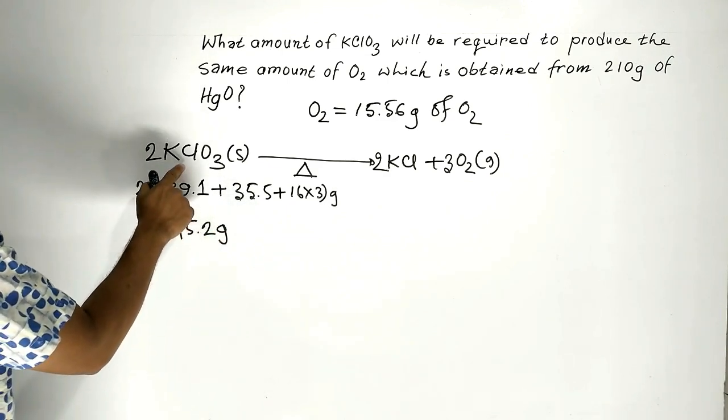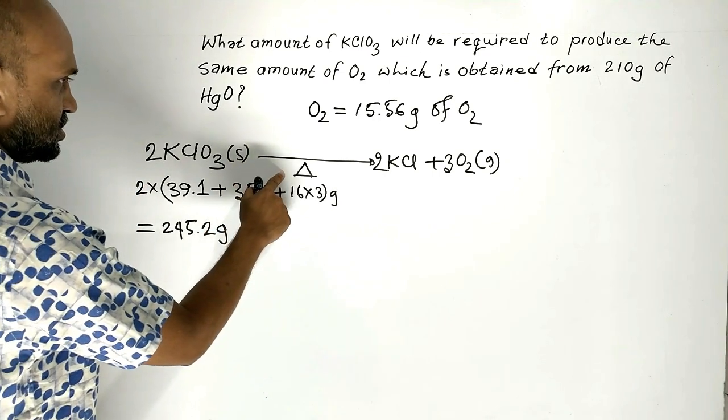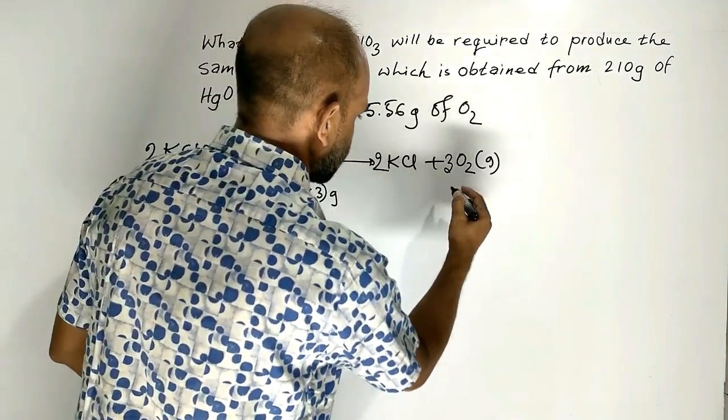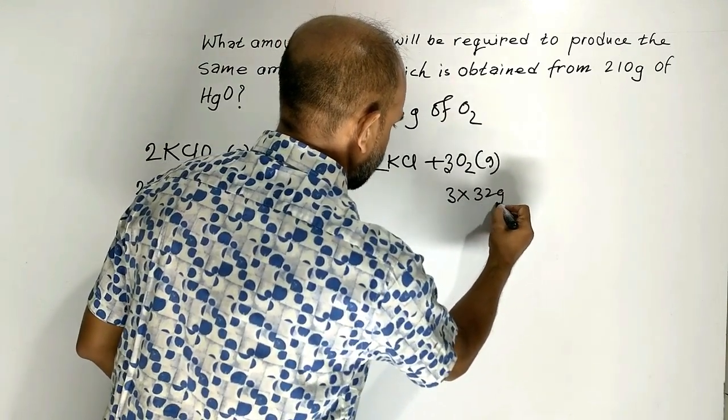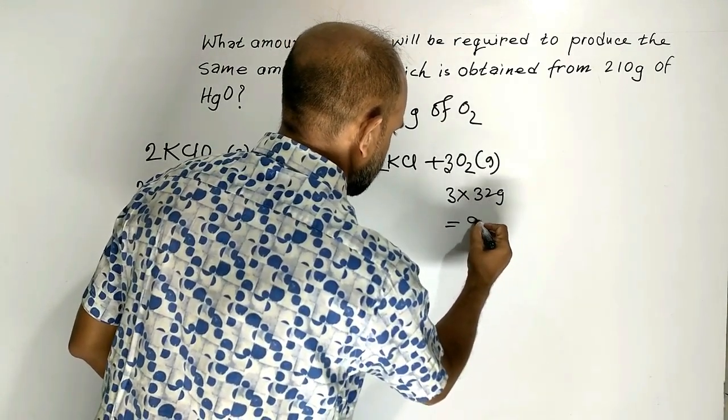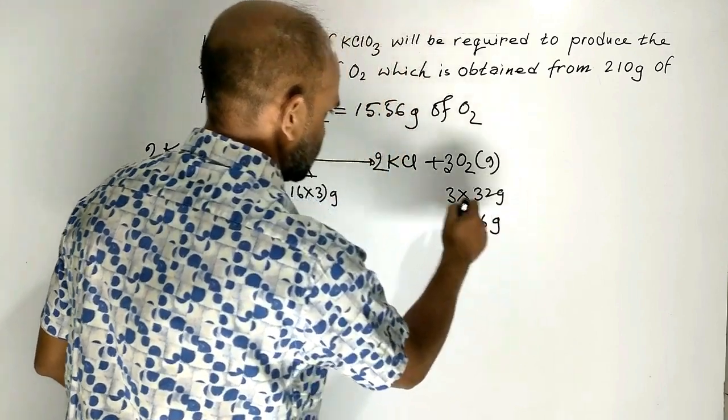245.2 gram. Here 245.2 gram of potassium chlorate is heated. Then the amount of oxygen is 3 times 32 gram, which is equal to 96 gram of oxygen.